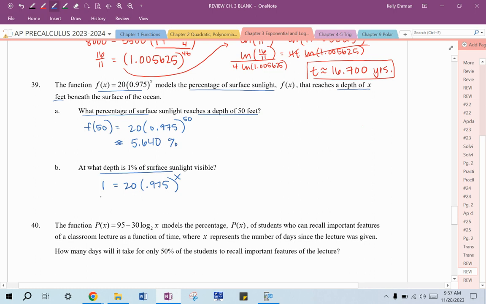We need to solve this for x, so isolate the exponential term. I'm going to natural log both sides. Again, you could solve this by graphing. Where do these two things intersect? You could use log base 0.975 if you want to. You've got to know how to type that into your calculator. Pull the x down.